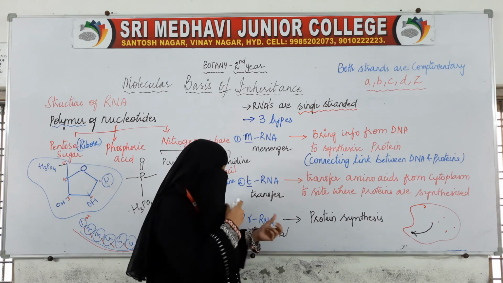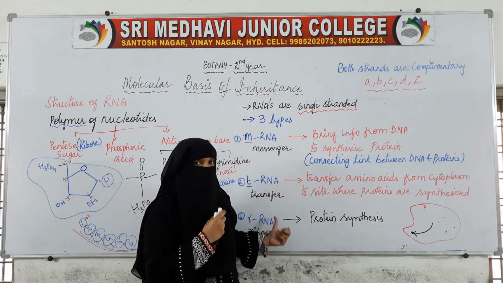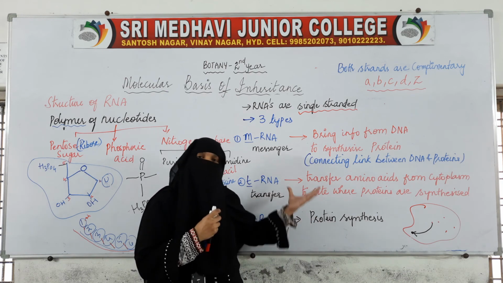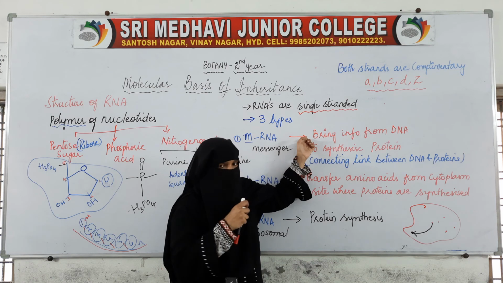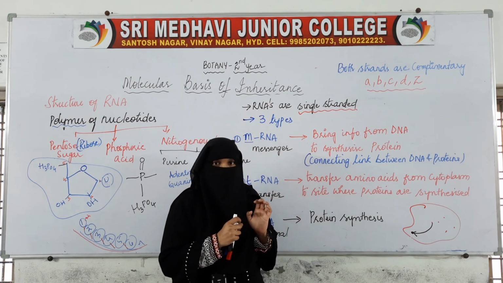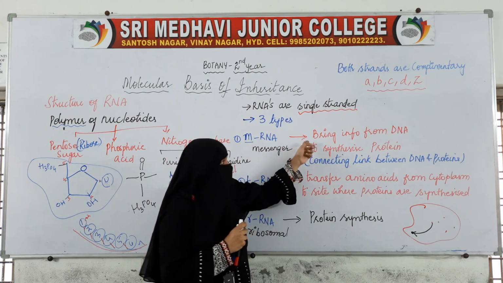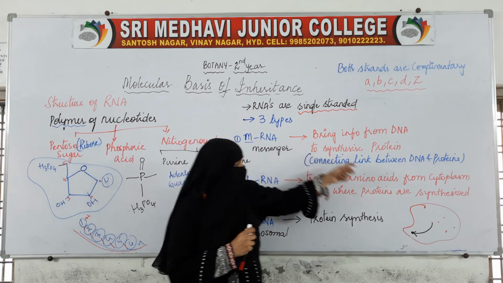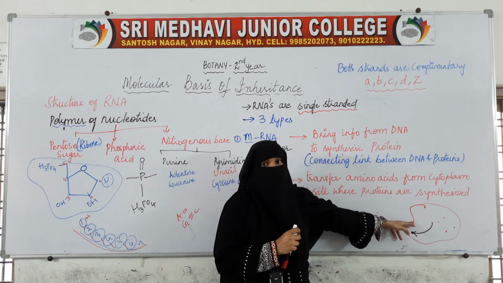And the third type of RNA is rRNA, that is ribosomal RNA. This RNA will synthesize the protein. It will bring the message about what type of protein has to be made, and to make the protein we require amino acids, because proteins are made up of amino acids. So it will bring the message from DNA, and the transfer RNA will bring the amino acids.